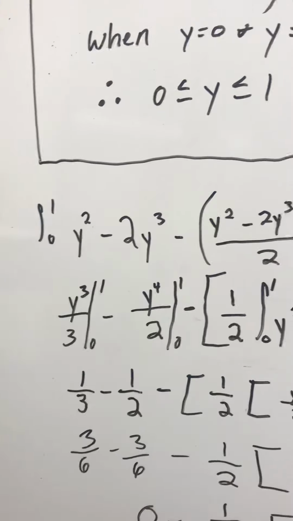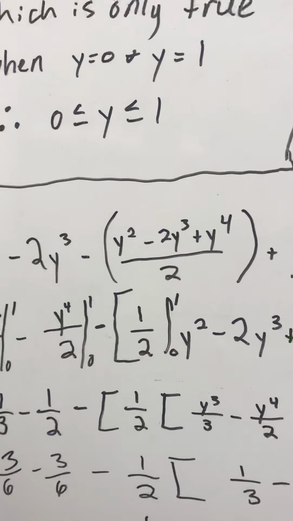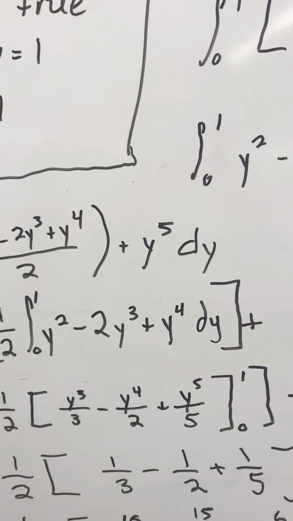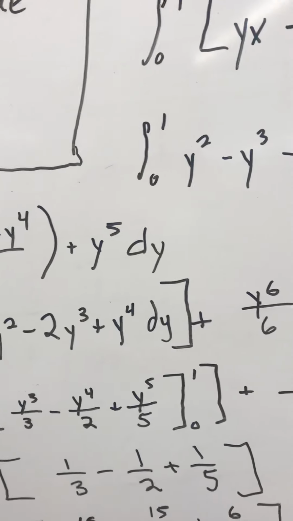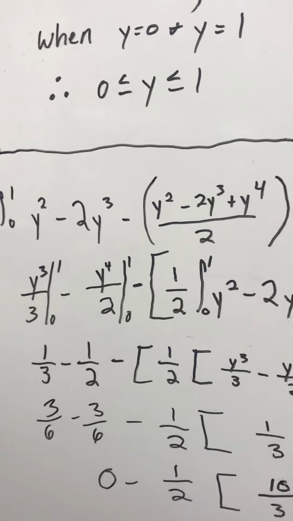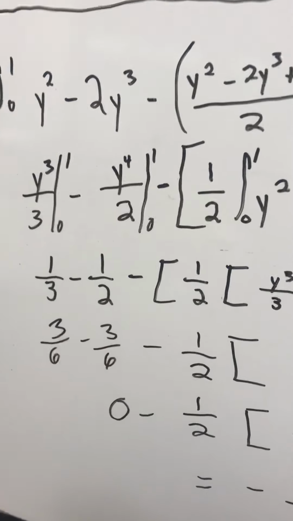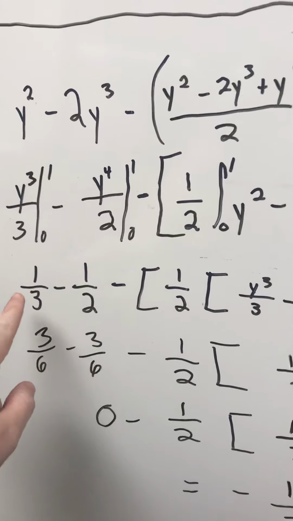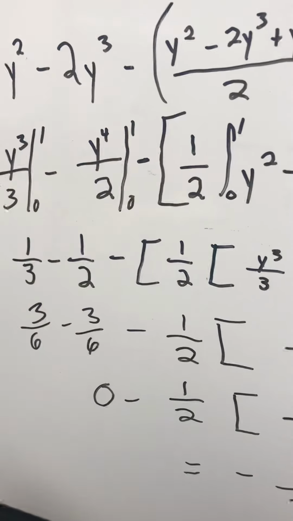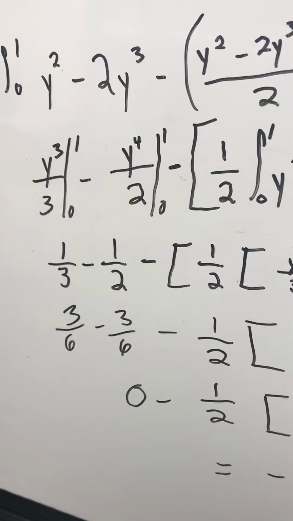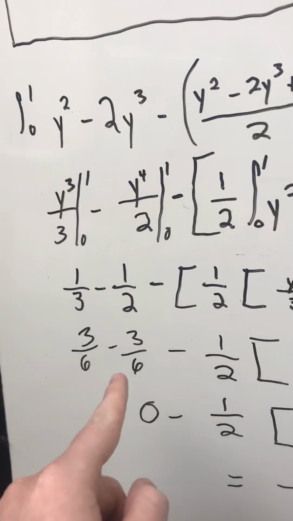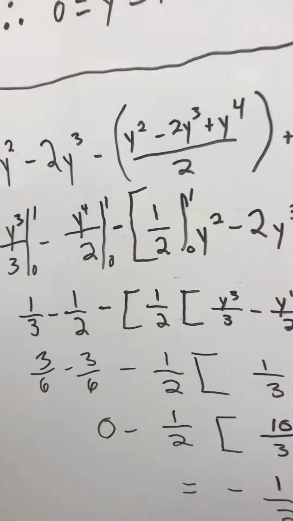So we have 1/3 minus 1/2 minus 1/2 times y cubed over 3 minus y to the 4th over 2 plus y to the 5th evaluated from 0 to 1, plus 1/6. And then our 1/3 and our 1/2 and our 1/6 are going to become 0 eventually, because you see that this is going to become 2 over 6 plus our 1 over 6 is going to be 3 over 6 minus 1/2, which is 3 over 6, equals 0.